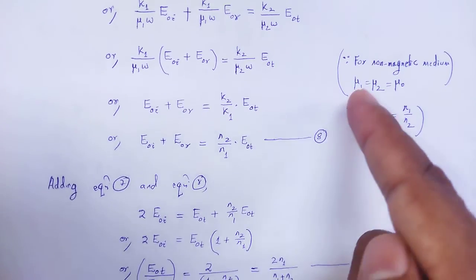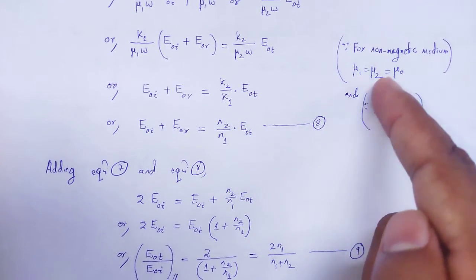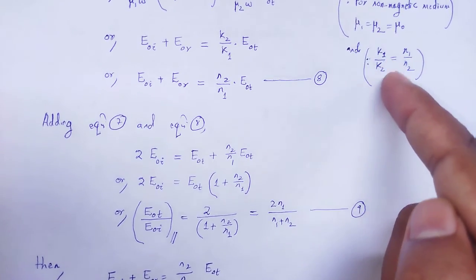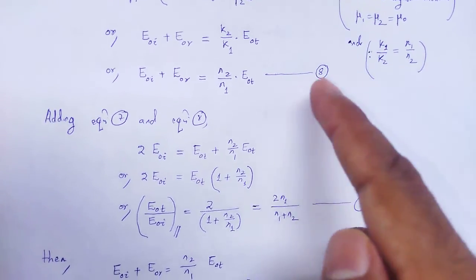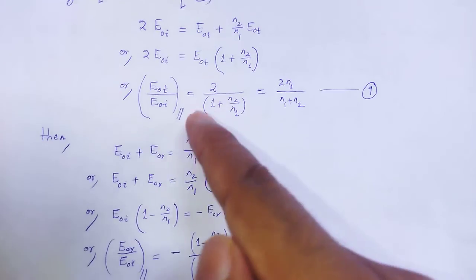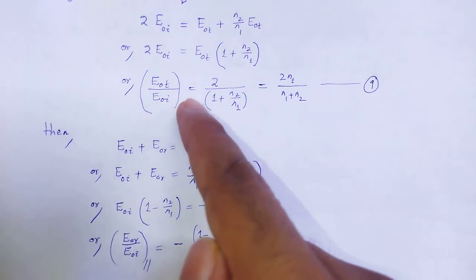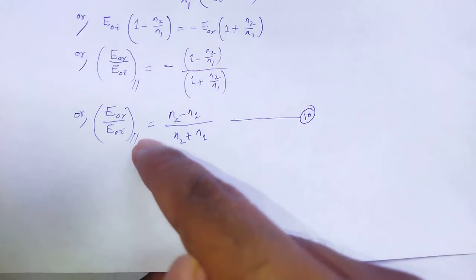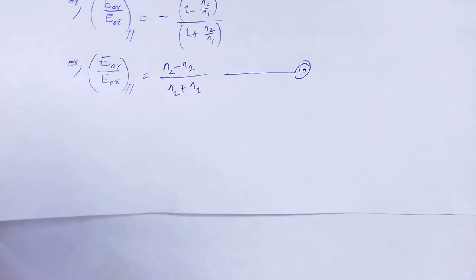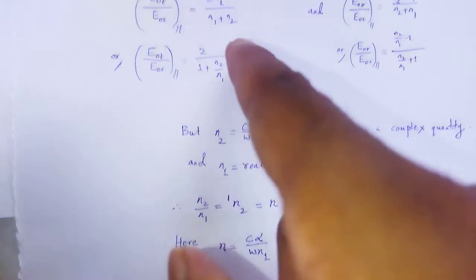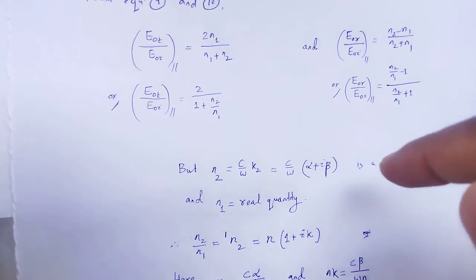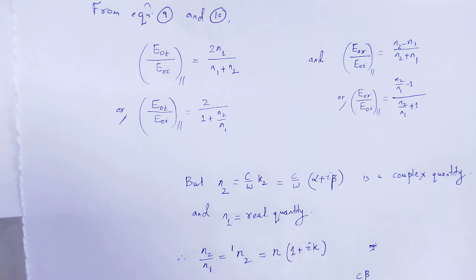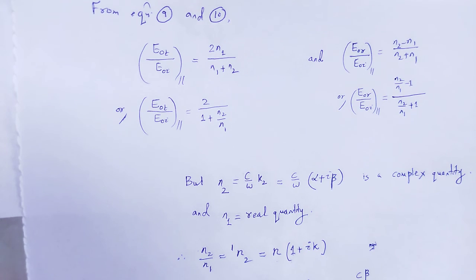For non-magnetic medium this value is equal to mu naught, and the relation between refractive index and propagation wave vector. Adding, we have EOT divided by EOI at parallel situation, and EOR to EOI at parallel situation. It is further simplified to showcase what will be the value of EOT.